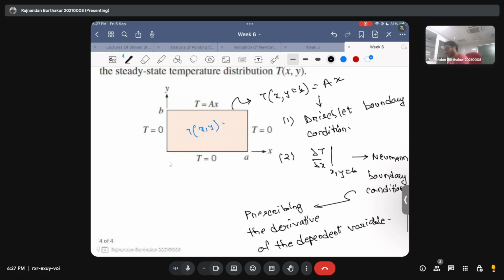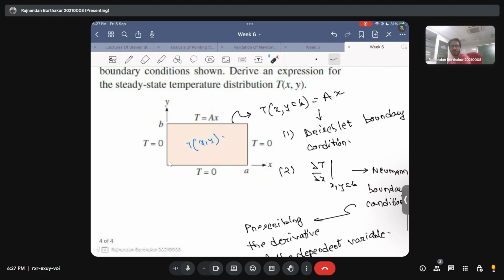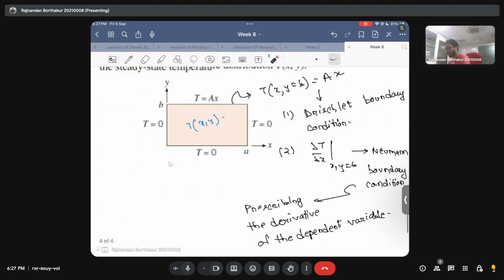So I think that's easy to recognize. If we are just imposing the variable itself on the faces, it's called a Dirichlet boundary condition. On the other hand, if you are prescribing the derivative of the dependent variable at the boundaries, it's a Neumann boundary condition.